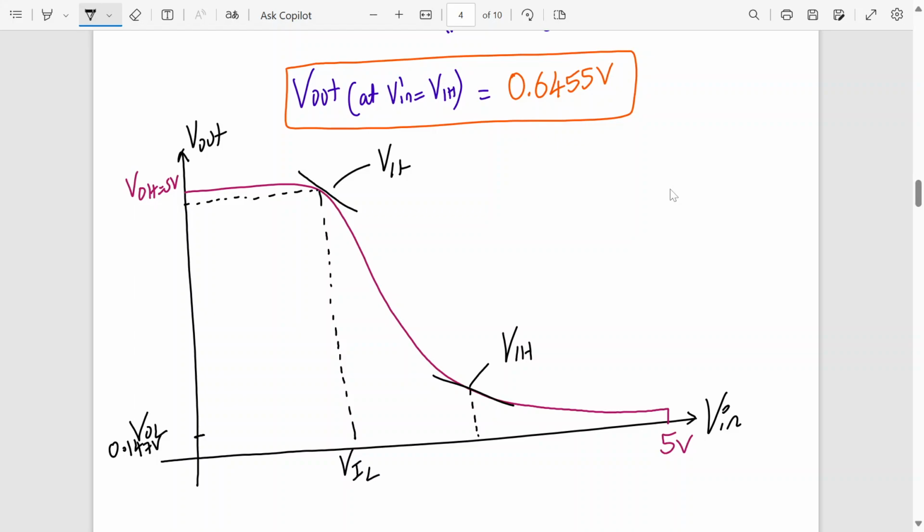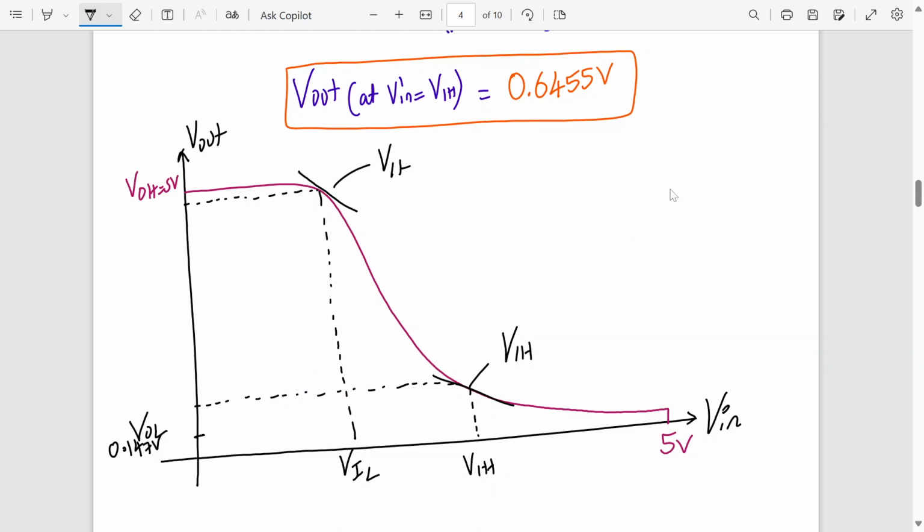Here also we'll find VIH and the corresponding V out. So what value of VIL do you have here, and when V in is equal to VIH, what is V out? Now tell me the answers. What are the answers?